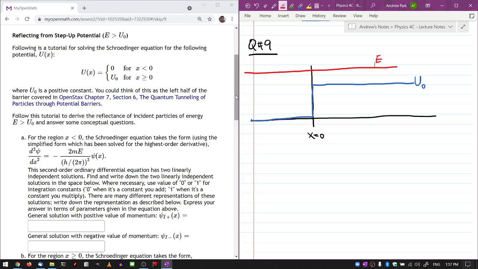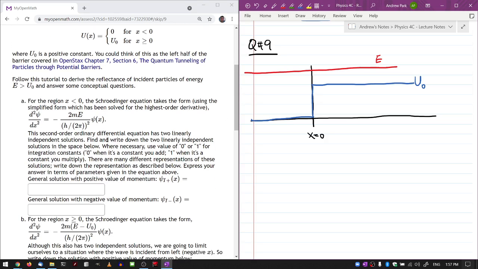The second order ordinary differential equation has two linearly independent solutions.